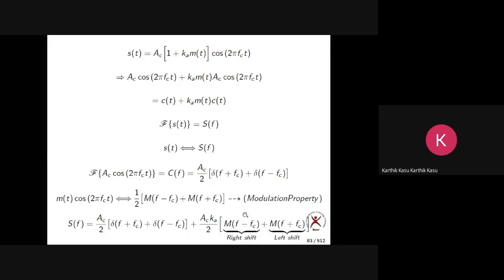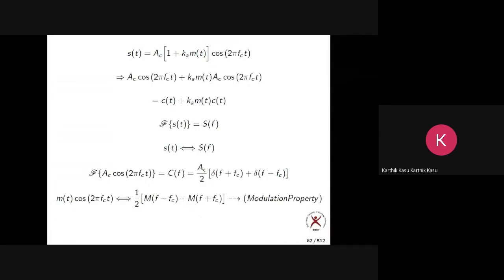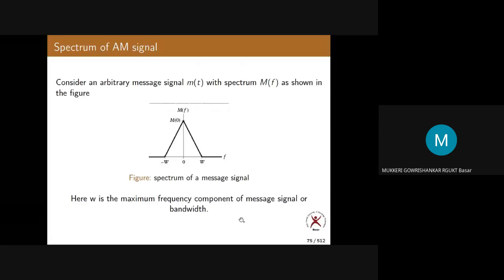And what is M of f here? This is M of f, which is called the baseband signal. Why baseband signal? Because it starts from very low frequencies, from 0.